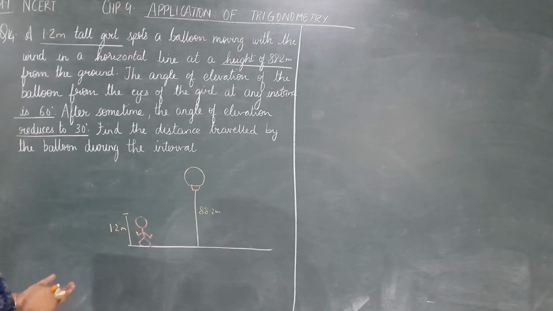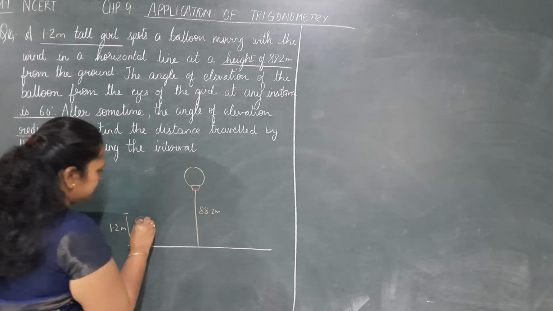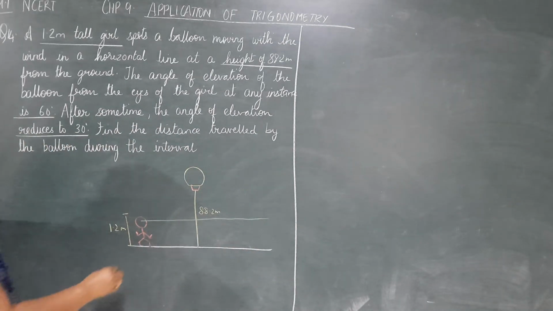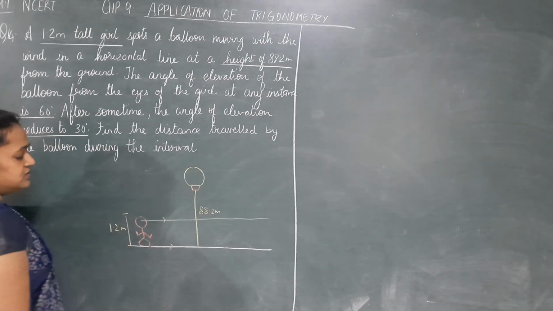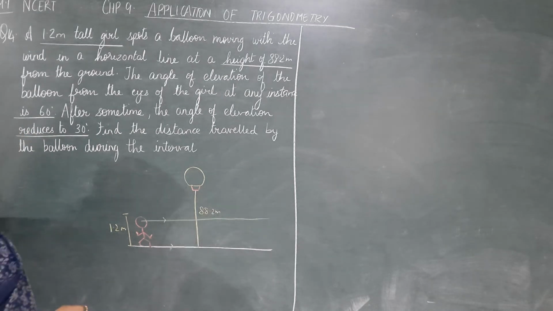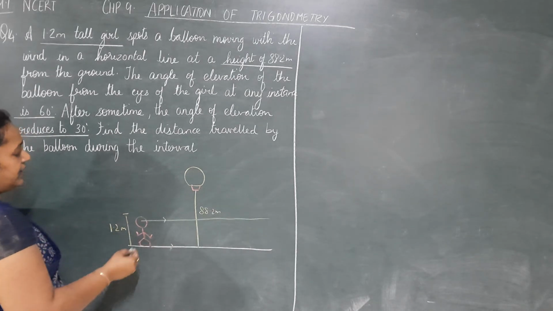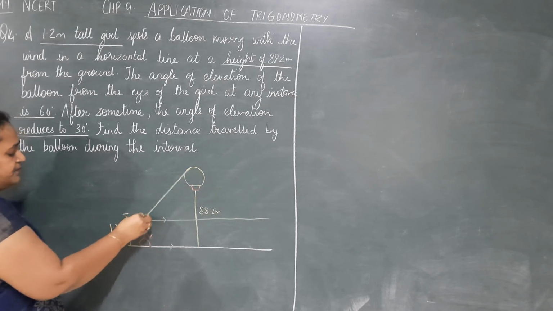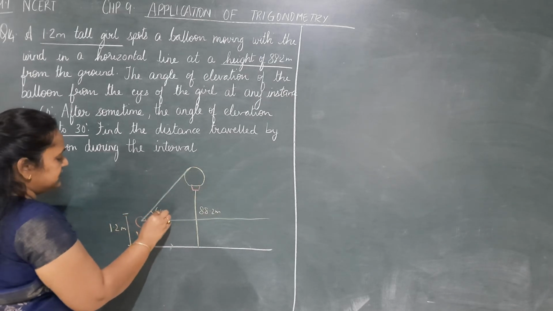From her eye level, we need the horizontal for the eye level, right? We know whenever we want angle of elevation, we need a horizontal at the eye level from where we will mark the angle of elevation. From her eye level, the angle of elevation of the balloon at any instance is 60 degrees.